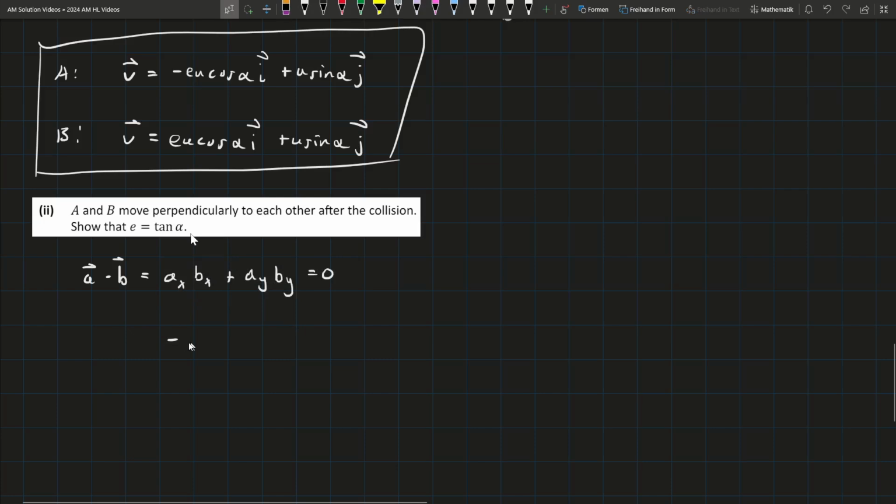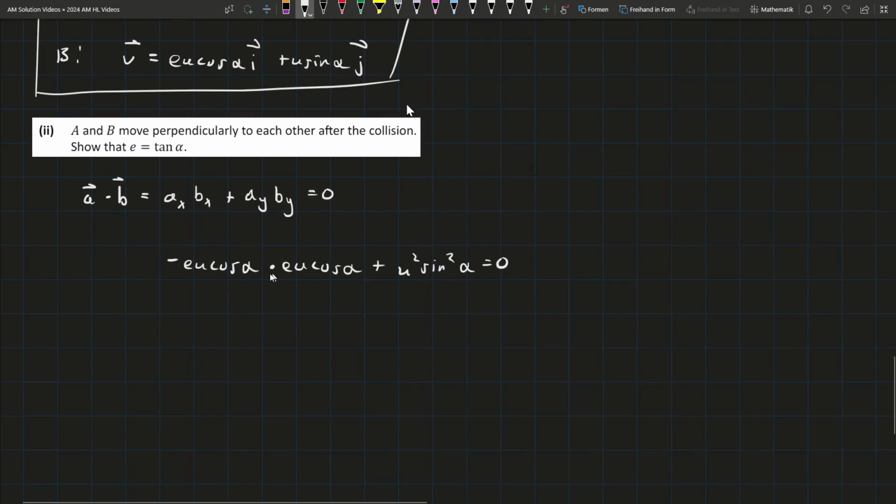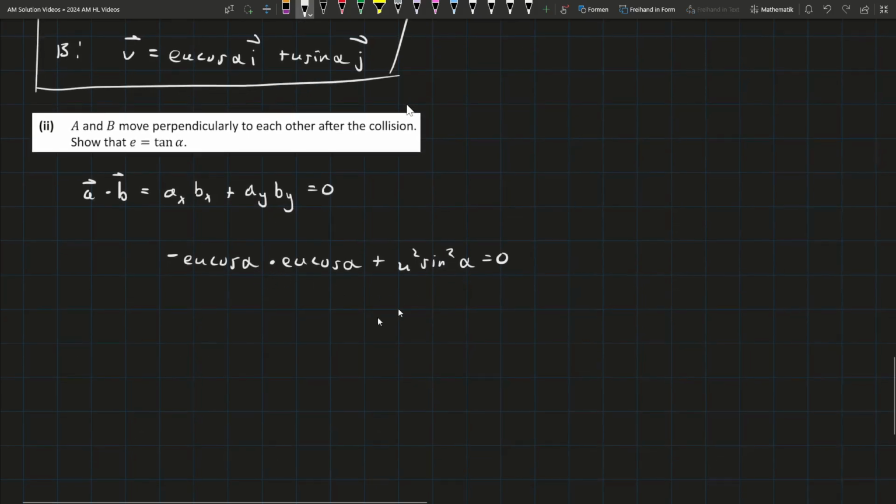So we'll have that minus eU cos alpha multiplied by eU cos alpha plus, and then we have, these are both the exact same, so I'm just going to write, it's going to be U squared sine squared alpha equals 0. Let's bring the e's to the other side, so that'll be minus e squared U squared cos squared alpha. So we'll have that U squared sine squared alpha equals e squared U squared cos squared alpha.